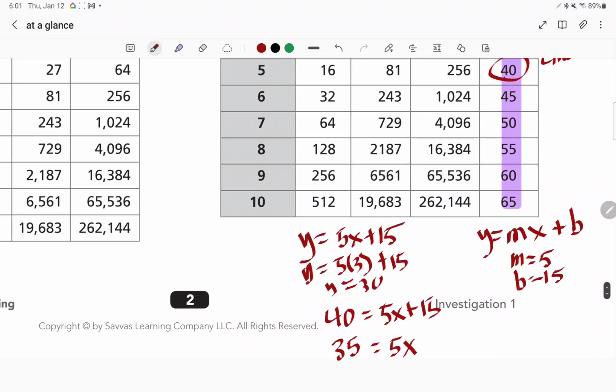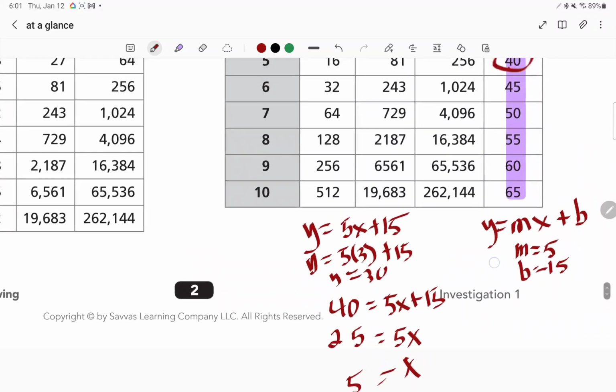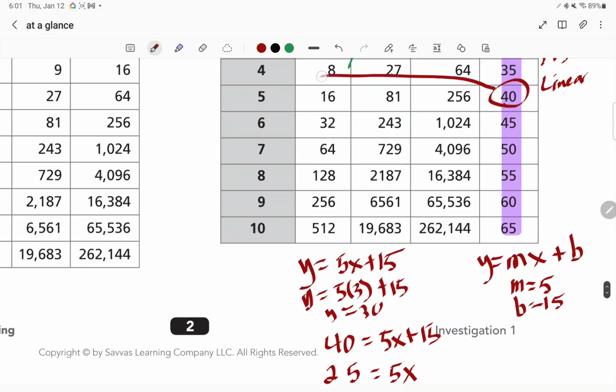And so on that one, sorry, that would be 25. And when you go through and divide by 5, you would get x is equal to 5. And so right here at 40, you are on square 5. So it works. We know that this is our equation for that fourth option from the treasurer.